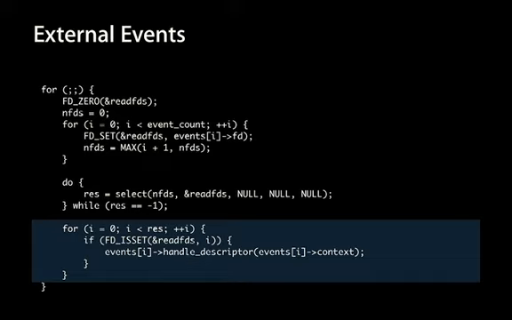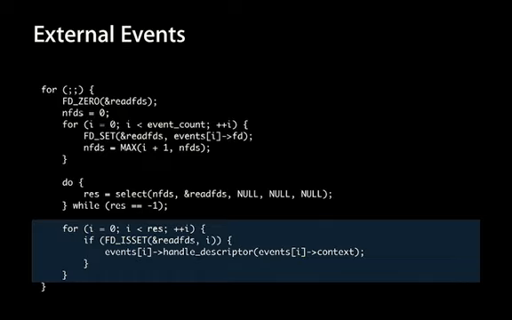Finally, if that succeeds, we now need to evaluate the FD set that was modified by the kernel, iterate through our data structures, find the descriptors that fired, find our events, and then call the function that maps to that event and with the right context that maps to that descriptor.